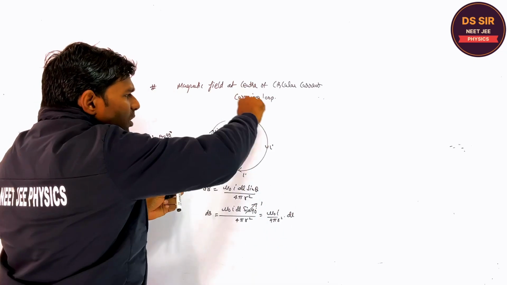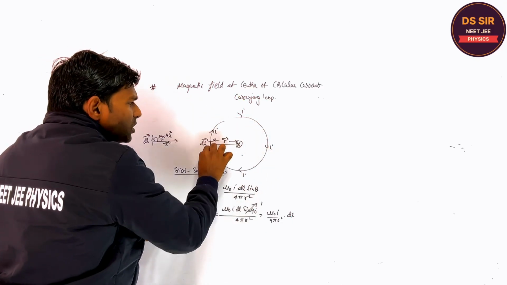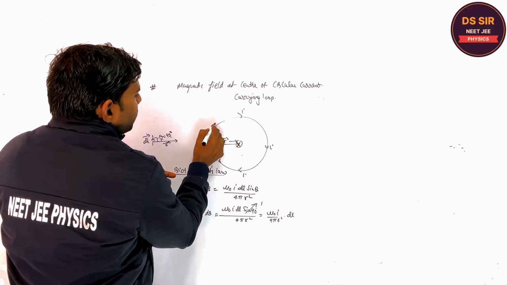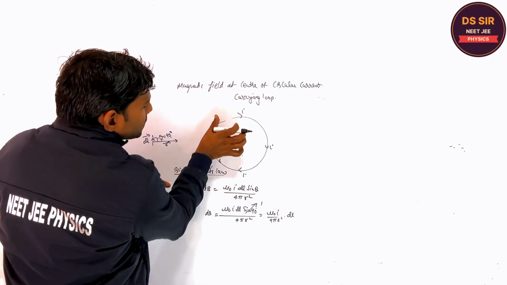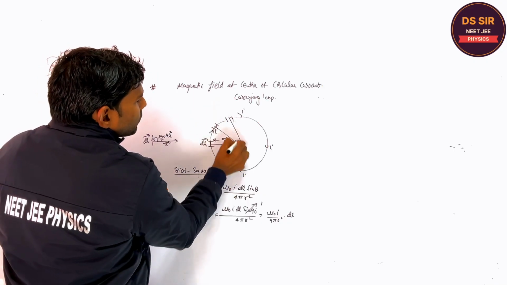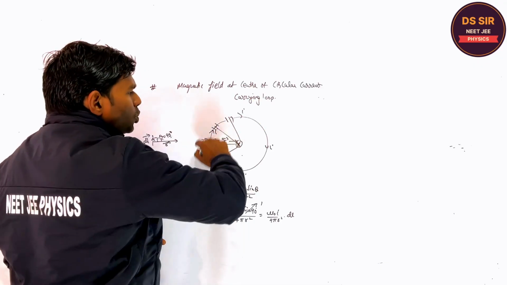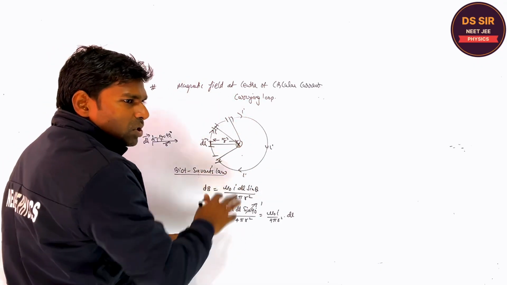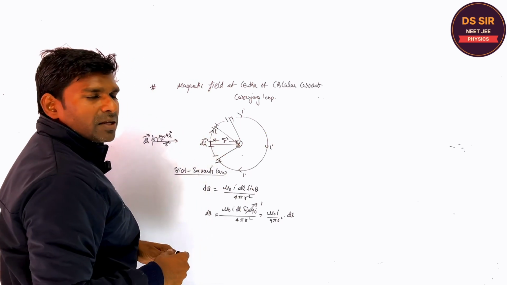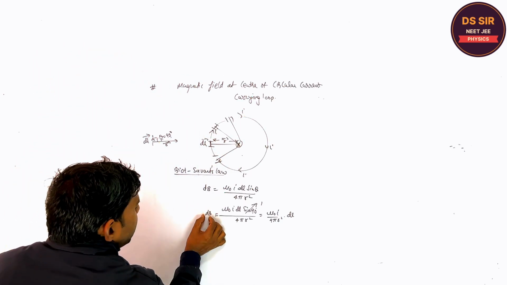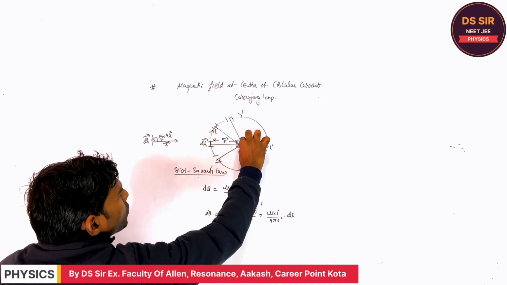This is the magnetic field due to this small elemental portion. But there will be so many portions, and the magnetic field due to each is into the board. So you have to find the summation of all the magnetic fields. Summation means integration.